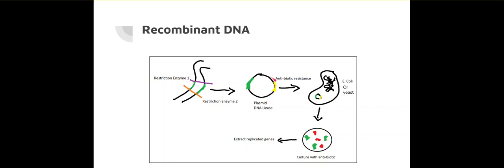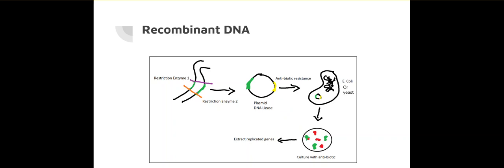They will also then add to the plasmid an antibiotic resistance gene. And then they culture these in E. coli cells, which are commonly used, or sometimes yeast. Then they treat that culture with an antibiotic, and it will kill off the ones that don't have this antibiotic resistant strand in them.